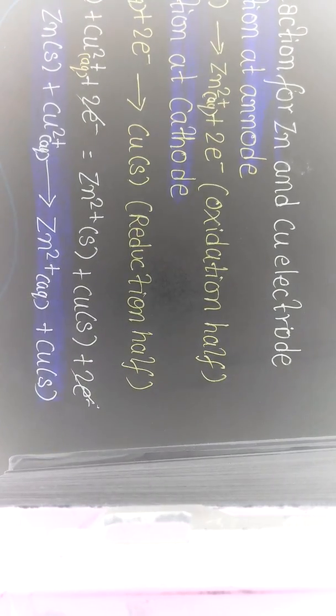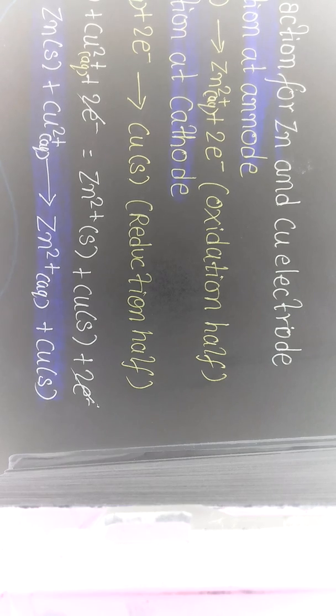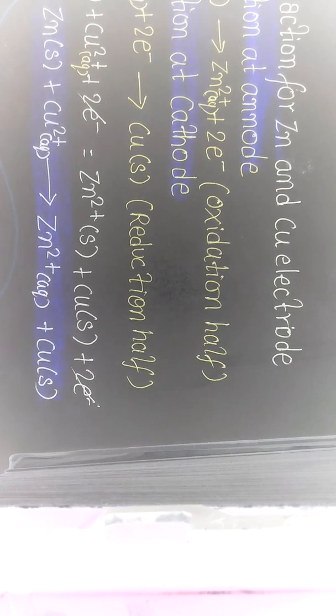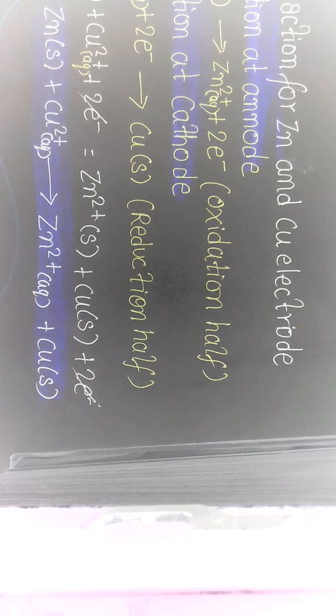Reaction at cathode: Cu2+ aqueous plus 2e- gives Cu solid, that is the reduction half. We put the left-hand sides together and the right-hand sides together. Then we get the final equation: Zn solid plus Cu2+ aqueous gives Zn2+ aqueous plus Cu solid. This is the reaction for the zinc and copper electrodes.